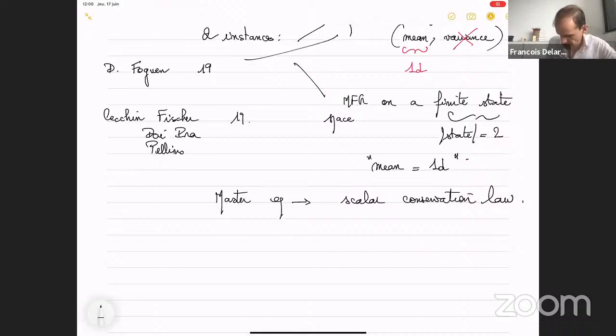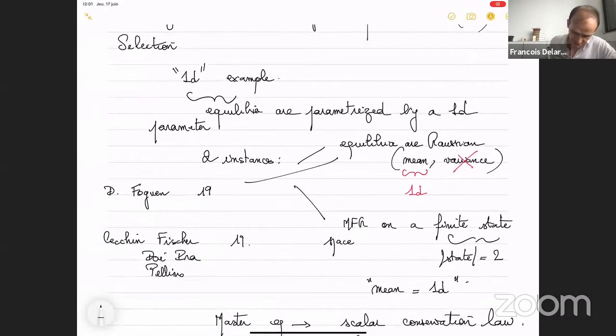And for this scalar conservation law, you can use the results of the theory of entropy solutions to characterize what should be the right solution to the master equation. It's not exactly the equilibrium itself, but this is very connected. So somehow, at the same time, you can also select a solution to the master equation because you benefit from the theory of entropy solutions for scalar conservation laws. Okay, so this is in 1D.